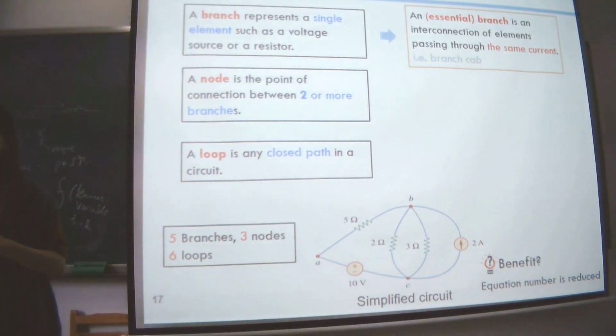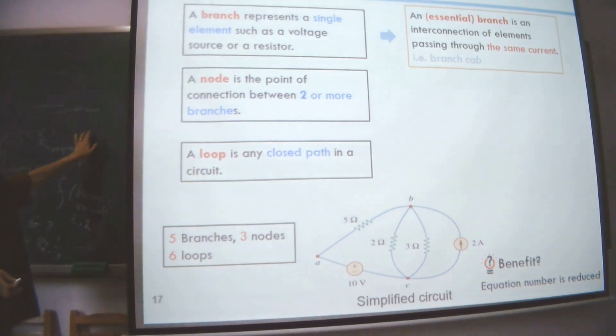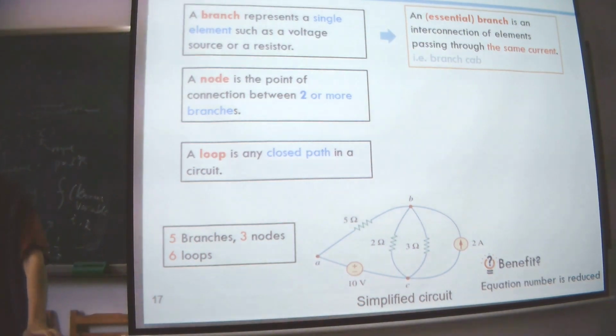The opposite of more. Less. Yes. Okay. The opposite of more. The number of switches is less. Okay. The number of branches is less.